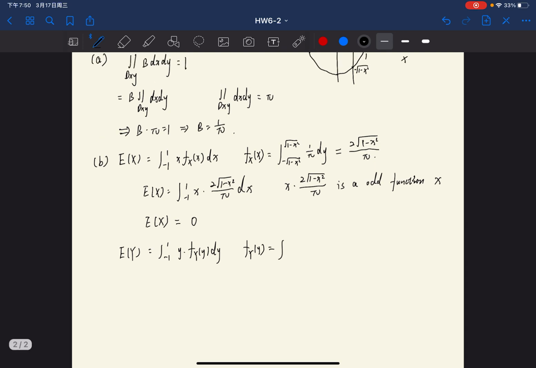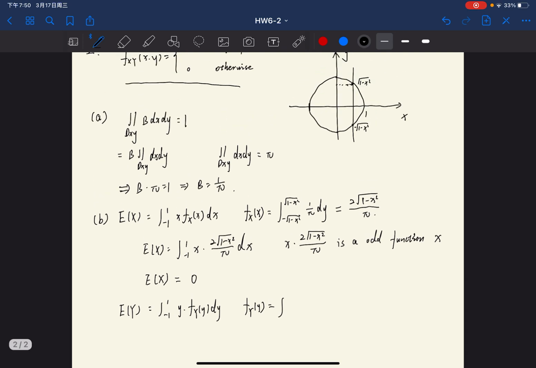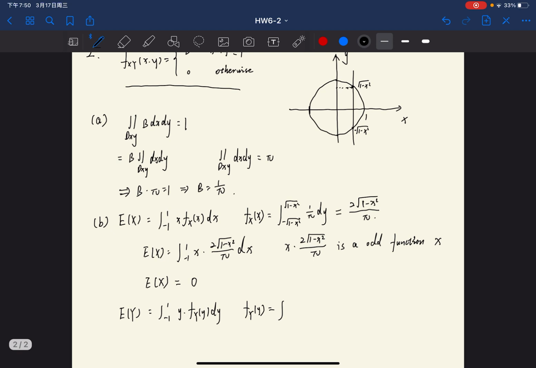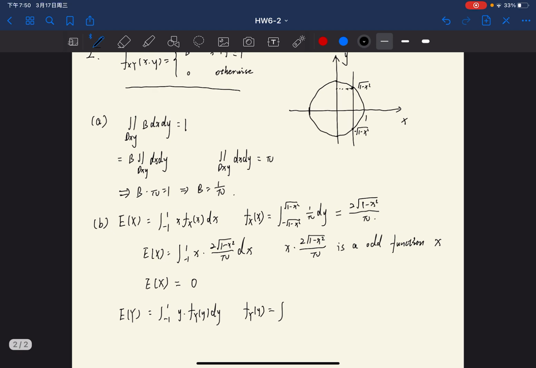And also we can draw a line which is parallel to x. And we can also find that this line intersects with the circle at 2 points.